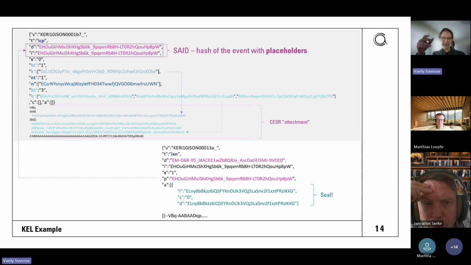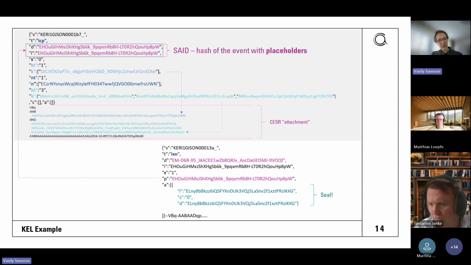In this case, like 44 hash signs, essentially, which is clever. And then once you've hashed it, you basically encode the hash, and this is a Blake3 hash encoded using the CESR scheme, and then put it into this field. Basically, that's what happens. This is how this mystery is solved.